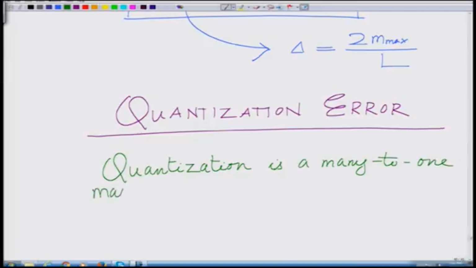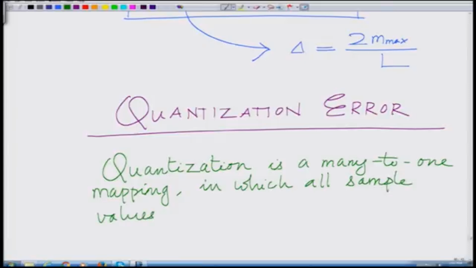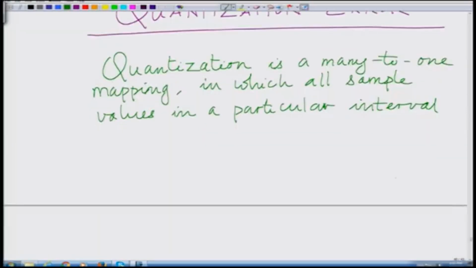in which all sample values in a particular interval are mapped to a quantization level.